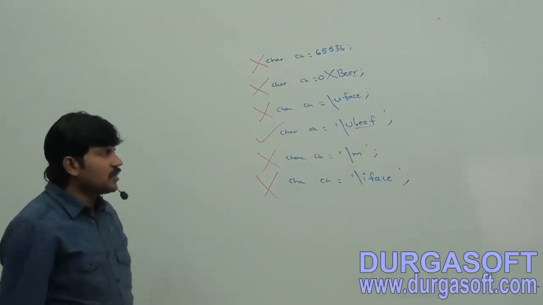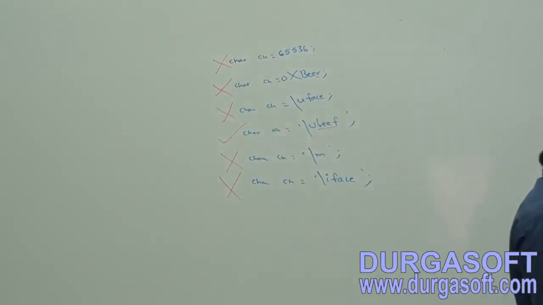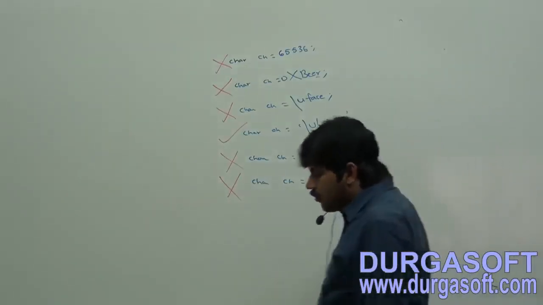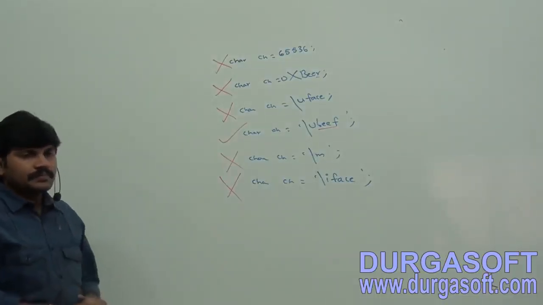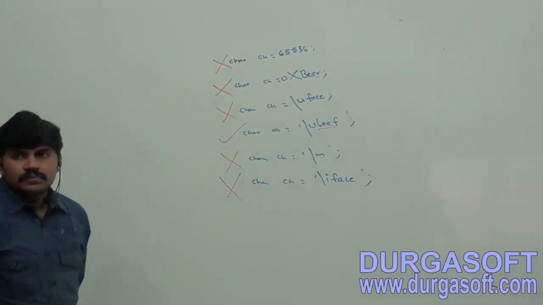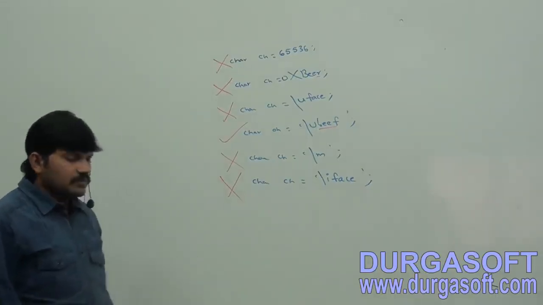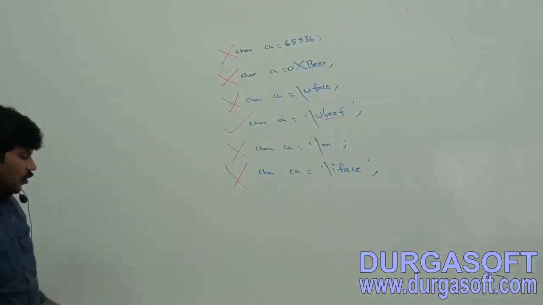That's all. These things are char literals. In how many ways can we specify a char literal? Four ways. These are the various loopholes you people should be aware of. Completed, I hope.